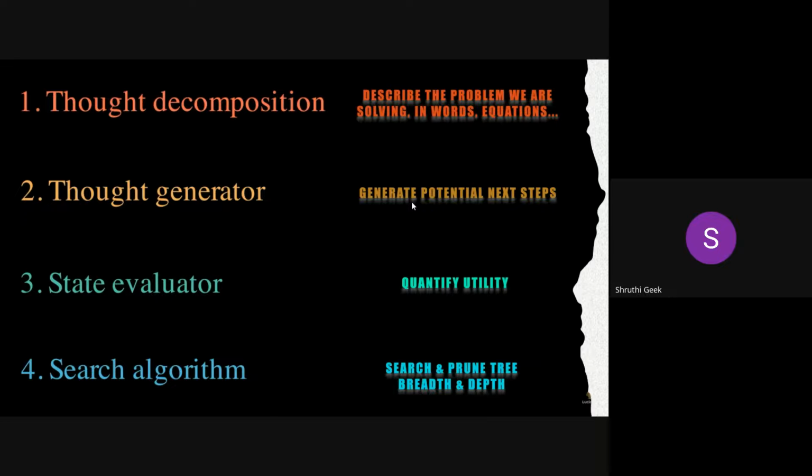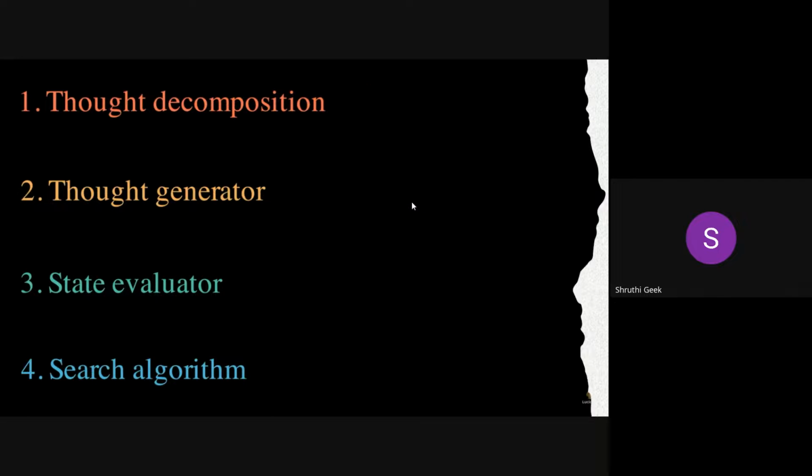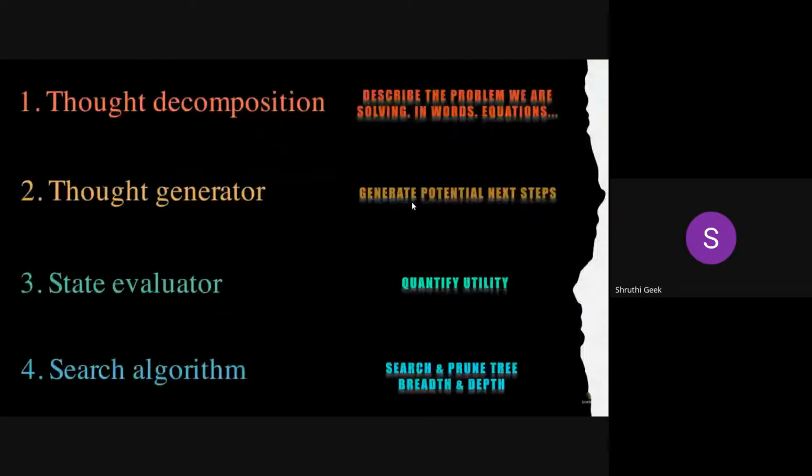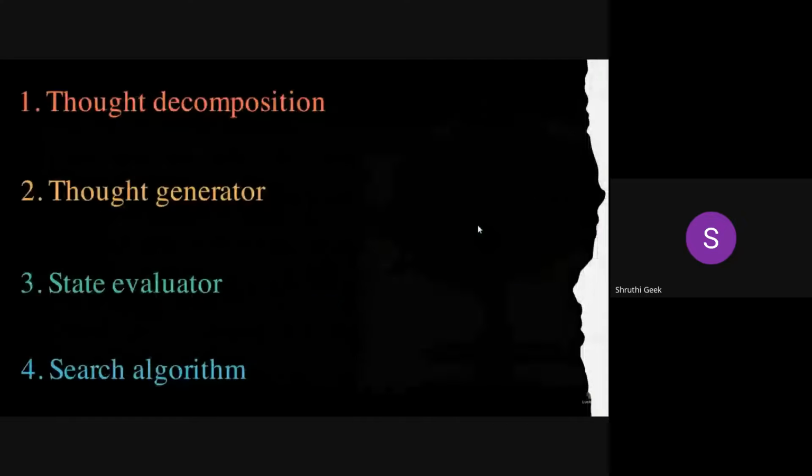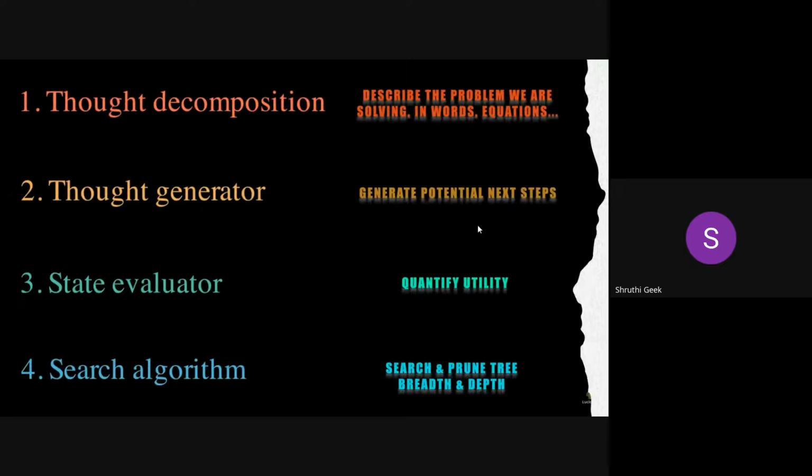Then comes the state evaluator. Now you have generated these multiple thoughts, but you want to evaluate them. So at that time, what do you use? You use a quantifiable evaluation utility that can decide which state of thought is more accurate and promising, and that can help you more in resolving the ongoing forward steps.